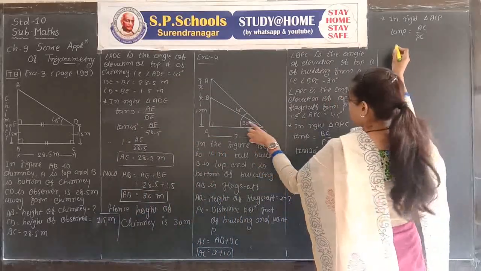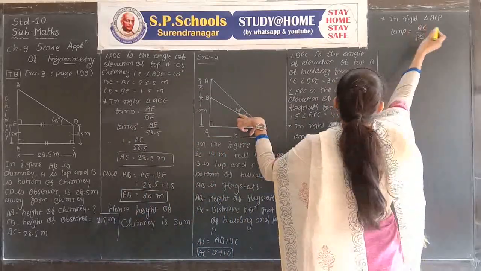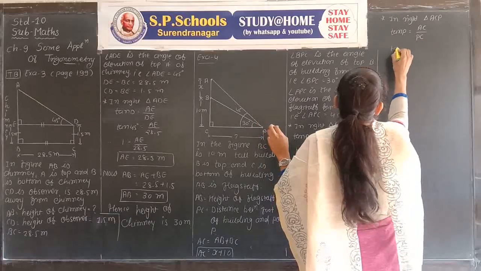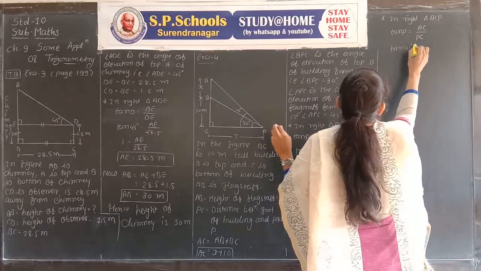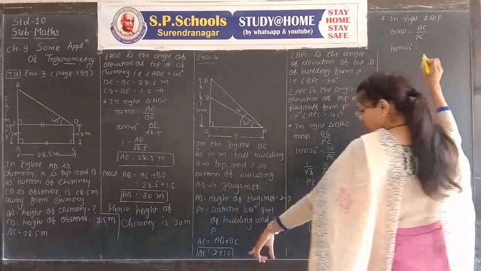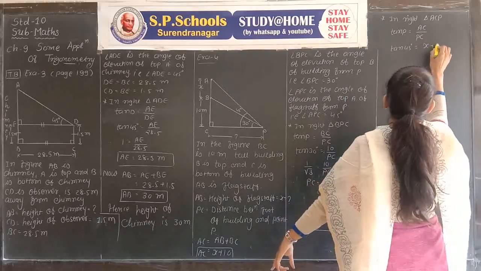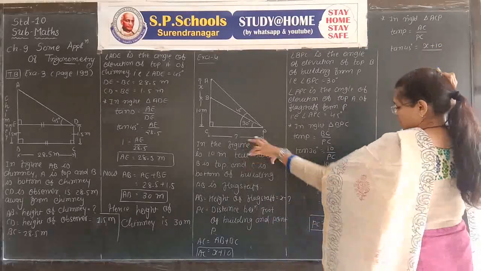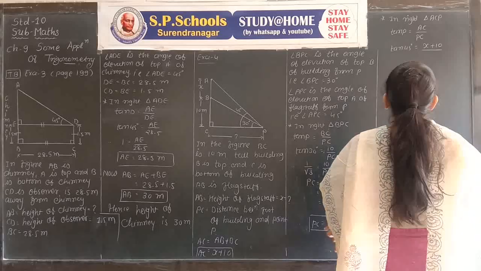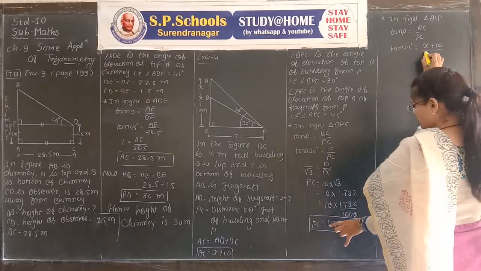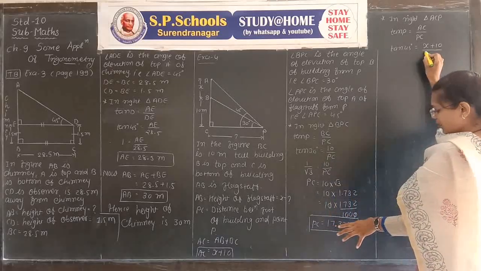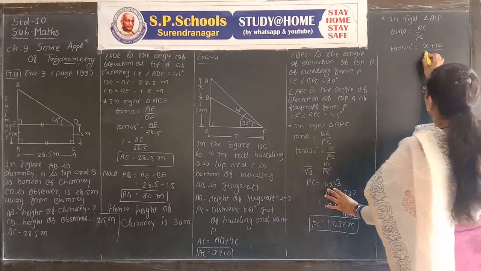Substitute here tan P, but for that angle ACP it is 45 degree. Tan 45 degree is equal to AC upon PC, so AC is x plus 10 upon PC. PC is equal to 17.32, which is our terminating answer, otherwise we have to take 10 root 3.